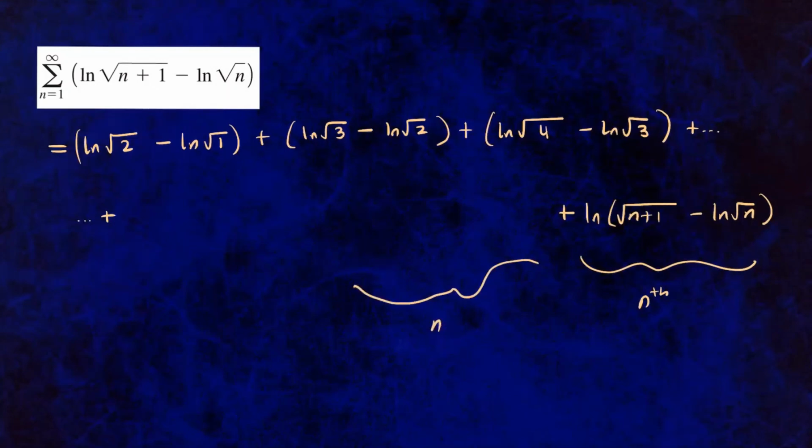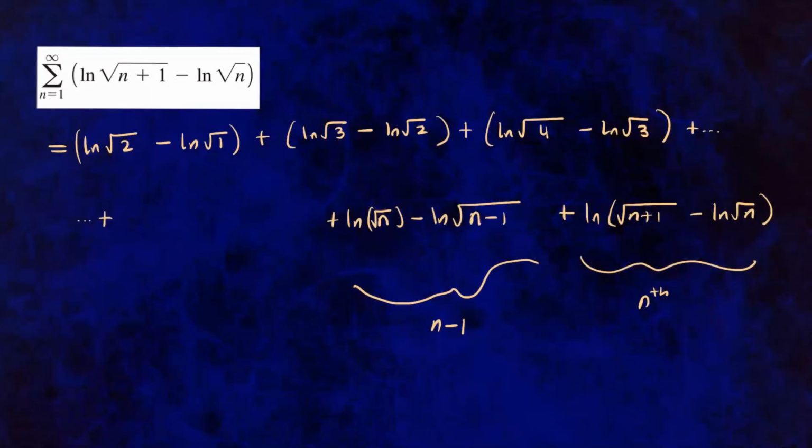So you see the formula, you do n minus 1 here. So that will be ln of square root of n minus ln of square root of n minus 1.